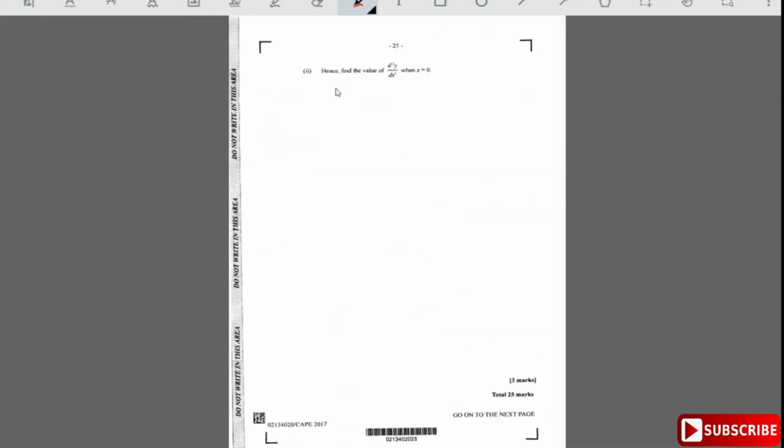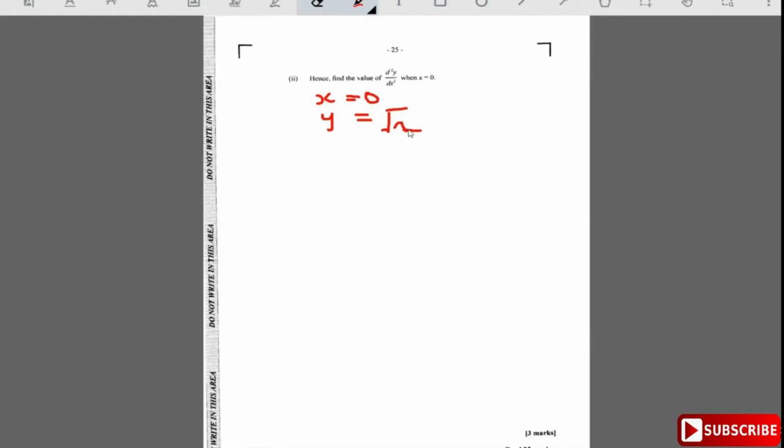When x is 0, we can see that y is root 2. And so since y is root 2, you want to find d2y by dx squared.